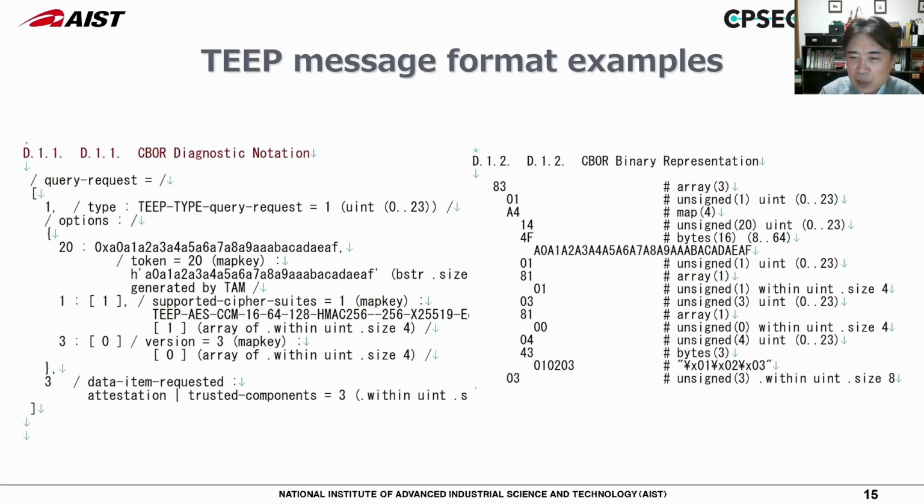For example, 8101, the cipher suit in the middle, is uint .size 4, meaning the largest value it could have is 4 bytes. When implementing on a constrained CPU device, you normally allocate the buffer size before you parse it. It gives a hint how much memory you need to reserve for parsing the next member.